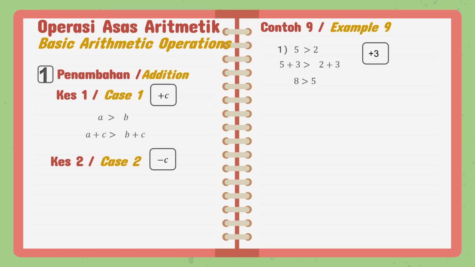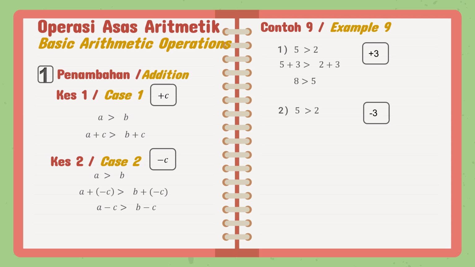And in case 2, when you have a negative number, so any number which is negative, when a is greater than b, then a plus the negative number is greater than b plus the negative number. You want to take out the bracket, so plus minus becomes minus. So you have a minus c, which is greater than b minus c. Let us look at the second question of example 9.